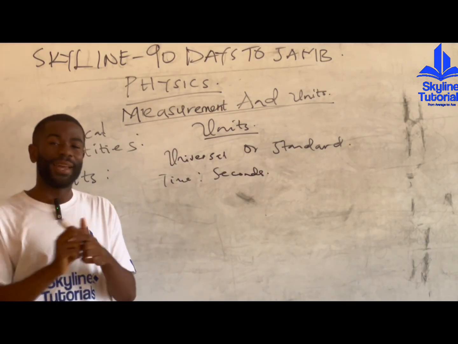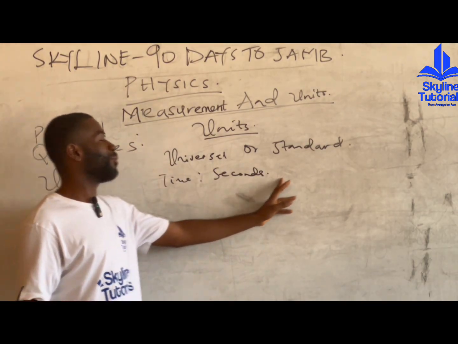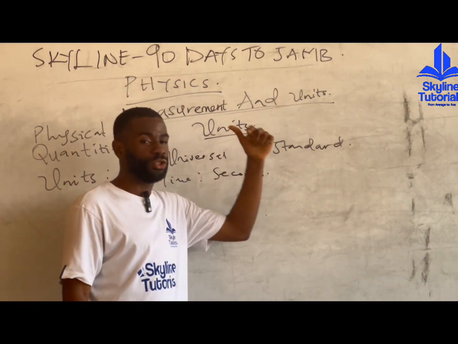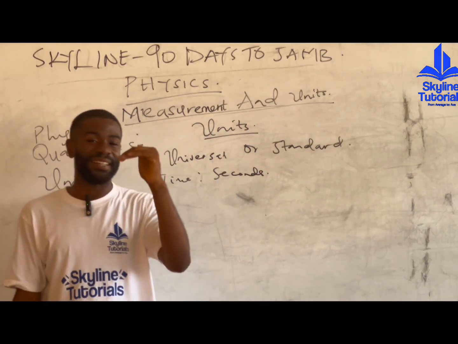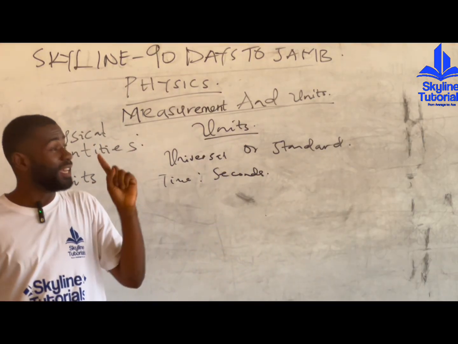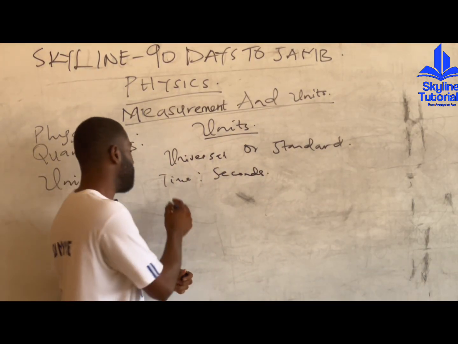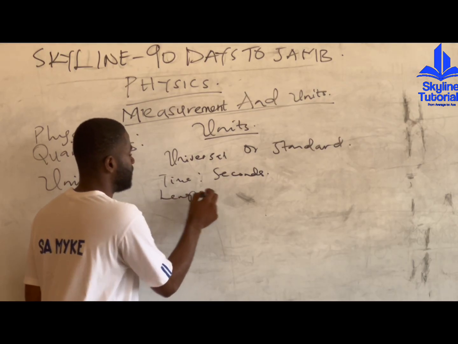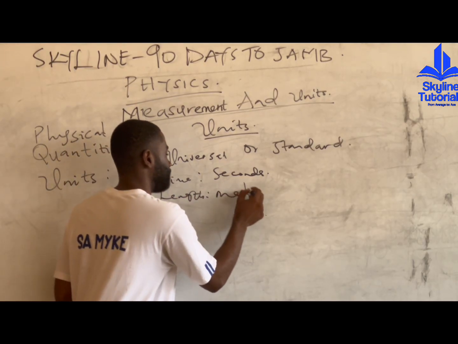So if you go anywhere in the world, you get to see that seconds is the unit for time. That is why there's an essence for the word unit, because it gives a standard or universally accepted measurement everywhere in the world.